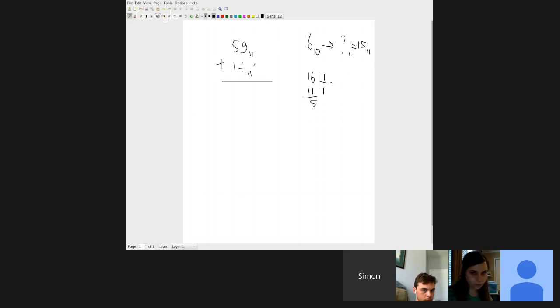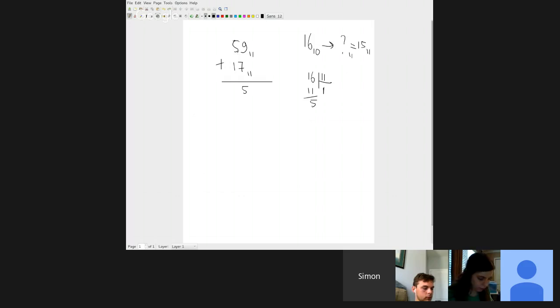All right. So now 9 plus 7 technically gives us 16 base 10, but it is 15 base 11. So I write down 5, the smallest digit from this 15, and I have to carry the 1 to the next placeholder.